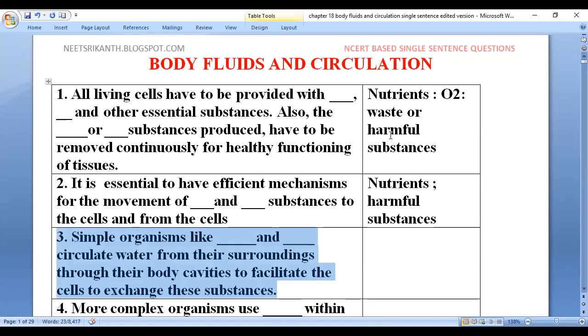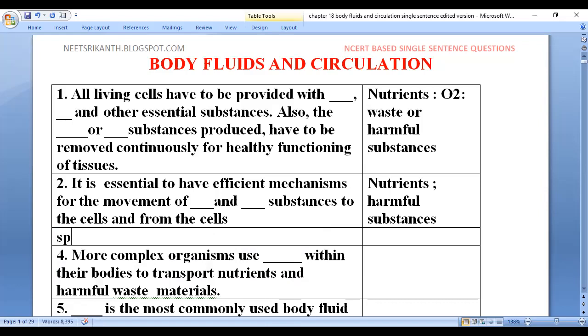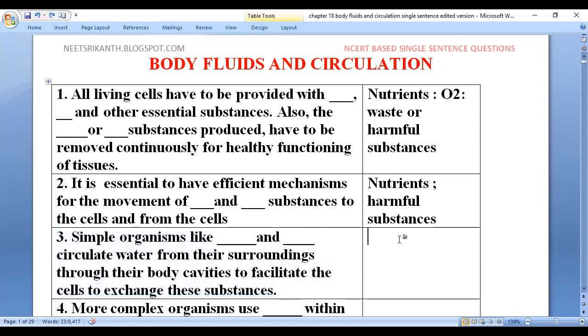Simple organisms like sponges and coelenterates circulate water from their surroundings through their body cavities to facilitate the cells to exchange these substances.